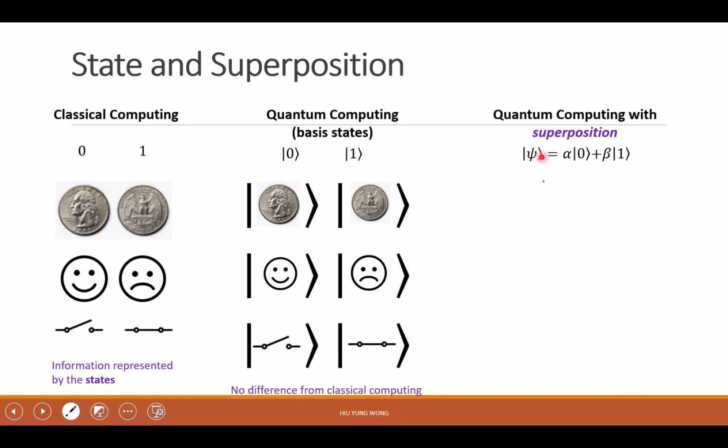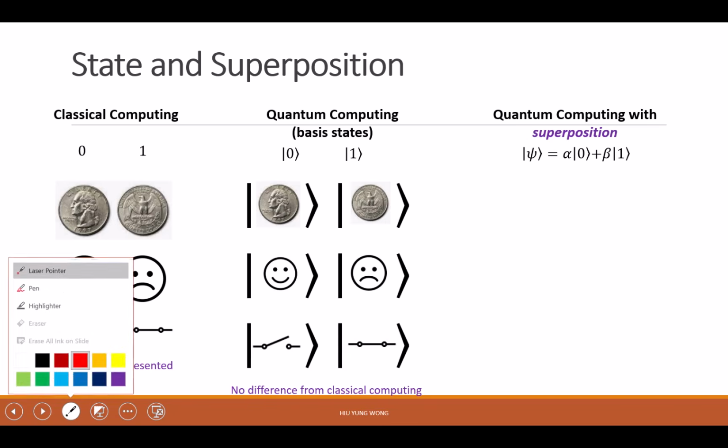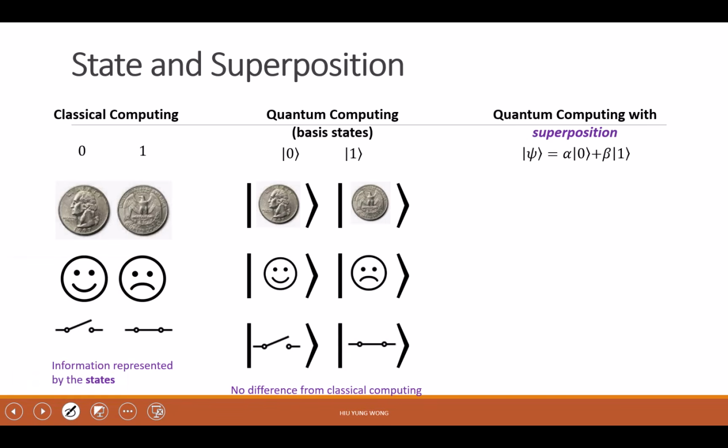So every state is a linear combination of two basis states for 1 qubit. So let me emphasize, this is 1 qubit, right? We will discuss more later what a qubit is, but here is 1 qubit. The qubit can be state 0, it can be state 1, but it also can be a linear combination of state 0 and 1. And that is the quantum mechanics that always confuses people, right?